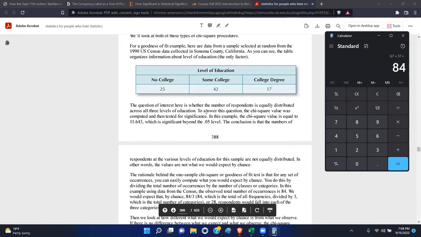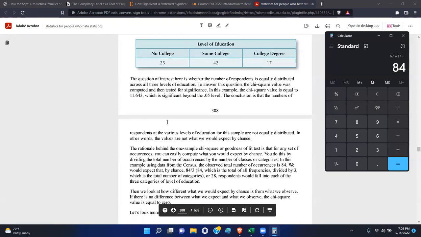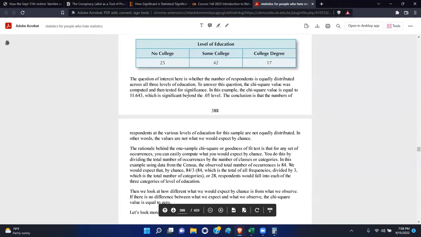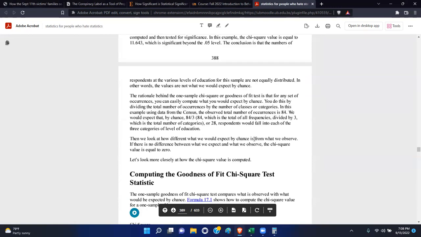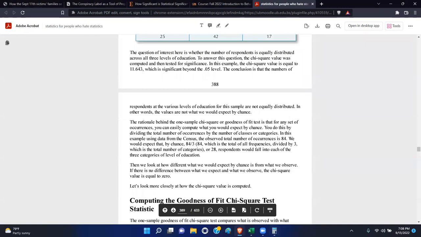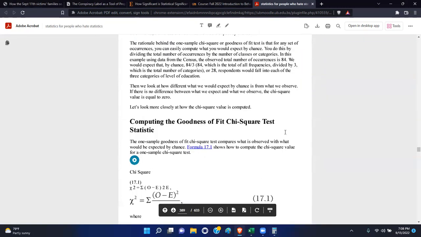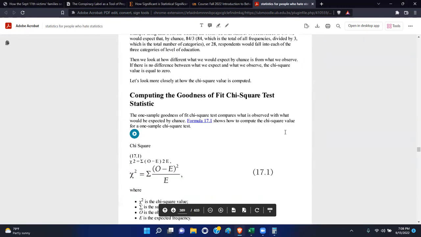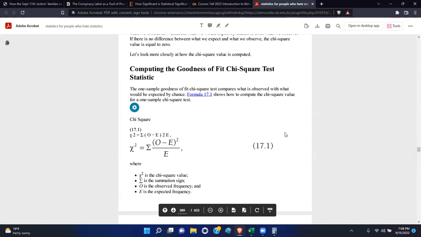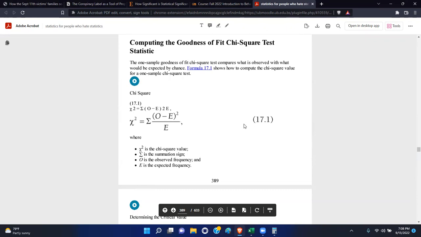After this test, we'll get to ideas like being significant above the 0.05 level. Right now, I'm just introducing you to one of the statistical procedures that tends to be a little easier to do, or at least easier to comprehend, than some of the others. So once again, we're introduced to some symbolic notation.